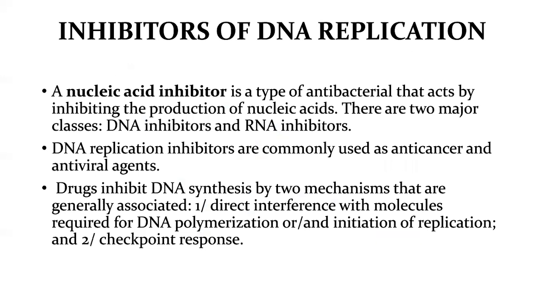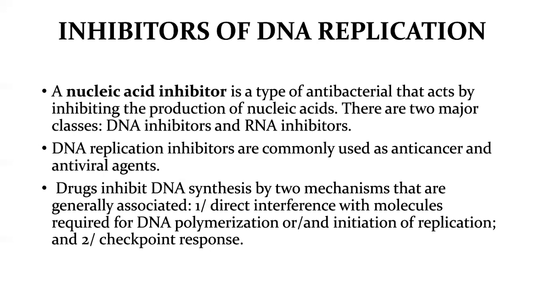So we have discussed 3 models of DNA replication, that is the rolling circle model, D loop model and theta model. Now the next topic is the inhibitors of DNA replication. A nucleic acid inhibitor is a type of antibacterial that acts by inhibiting the production of nucleic acid.